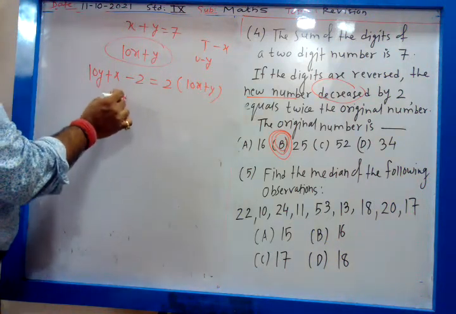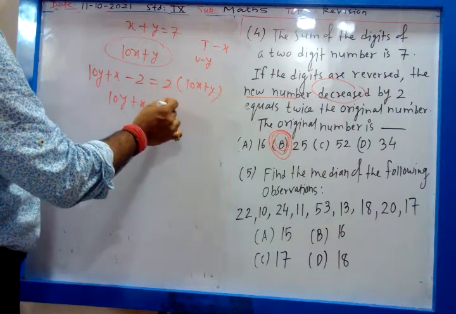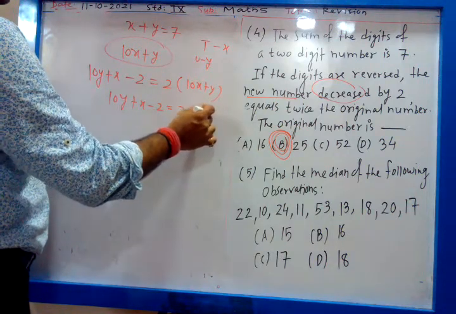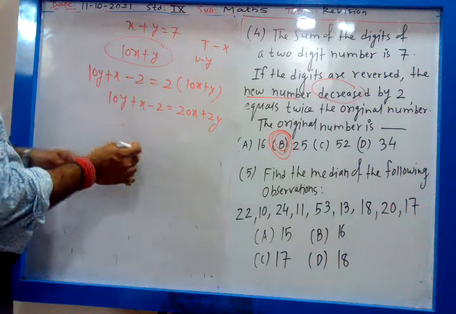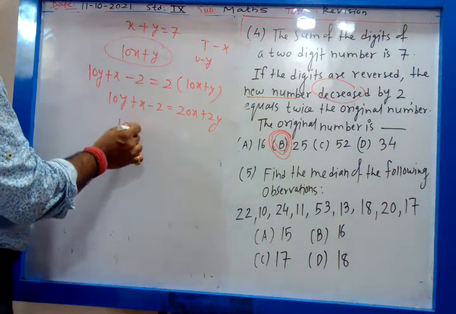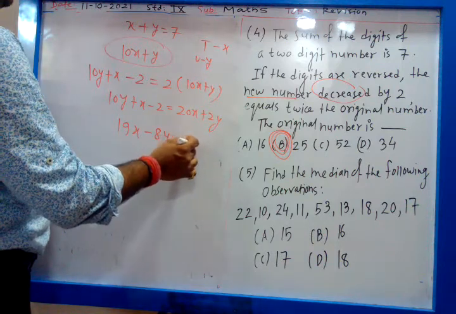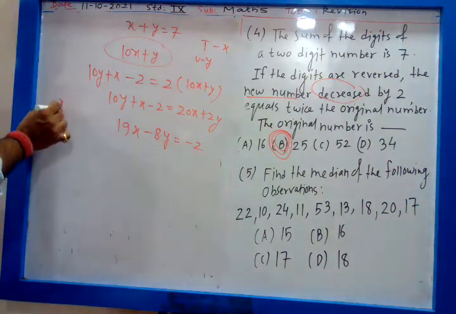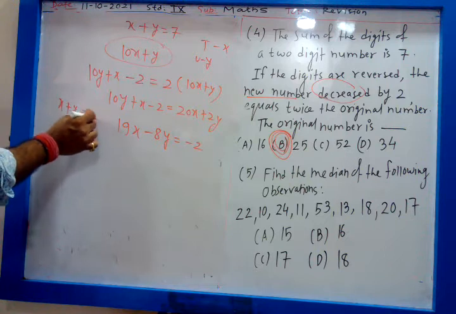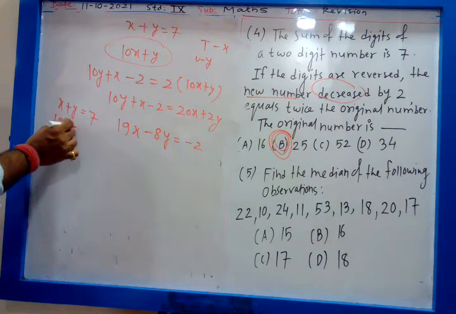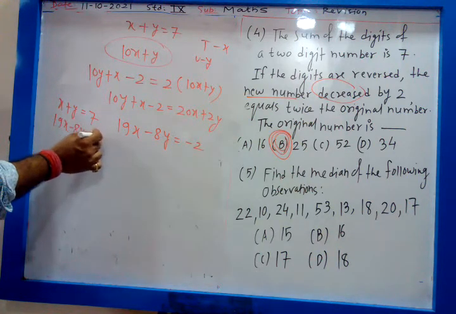So you will get 10y plus x minus 2 is equal to 20x plus 2y. Take x on that side, 19x minus 8y is equal to minus 2. So x plus y is 7 and 19x minus 8y is equal to minus 2.